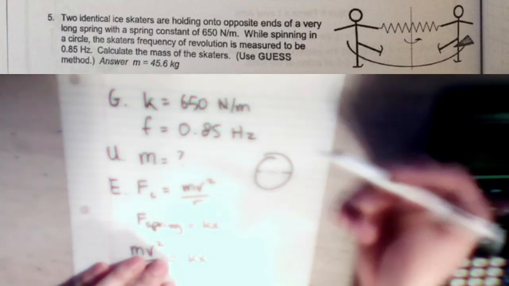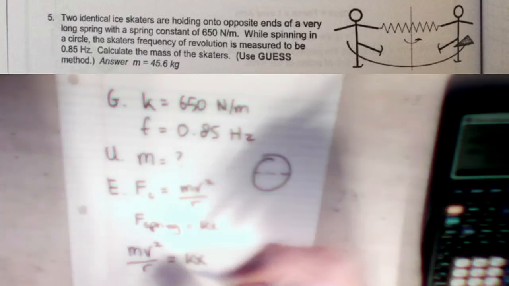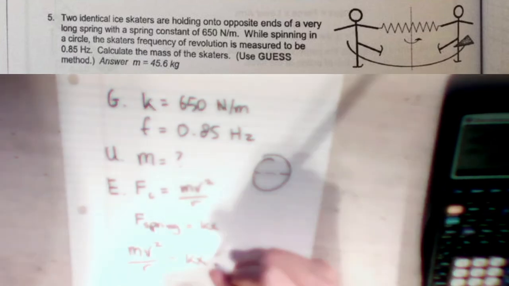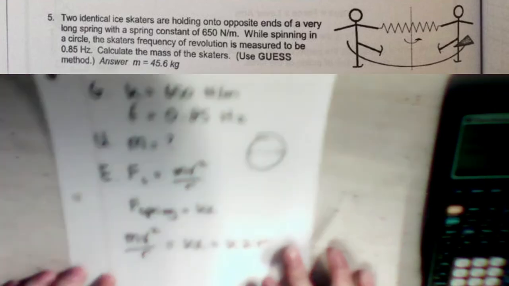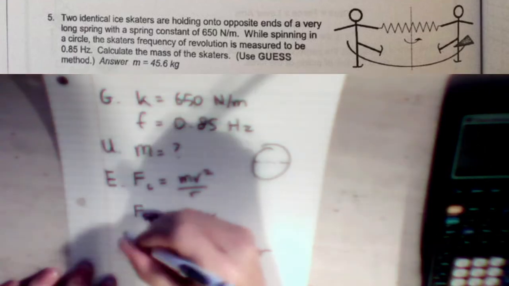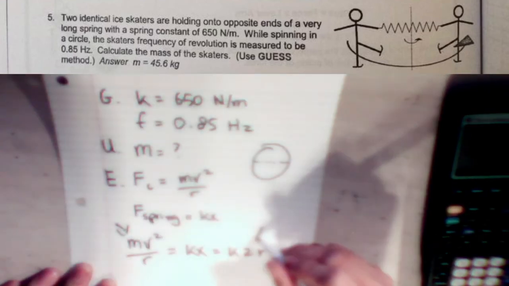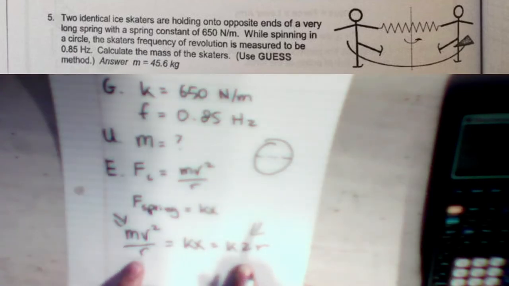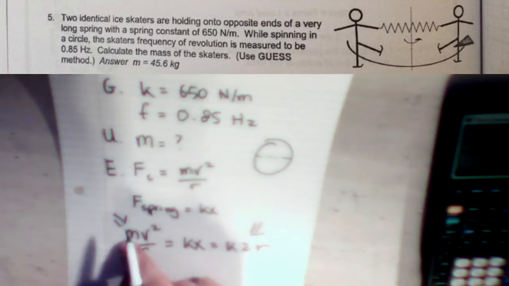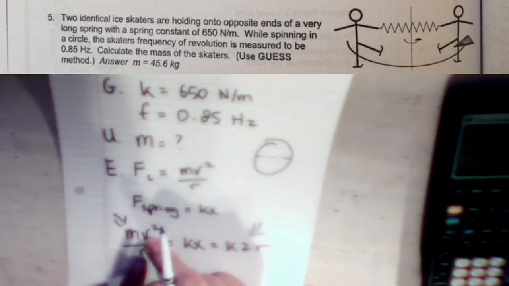So your diameter is equal to 2 radius, so kx would be also k times 2r. Now in this equation and this equation, which are the ones we are comparing, the only variables that we do not have are m, the one we are finding, and v.